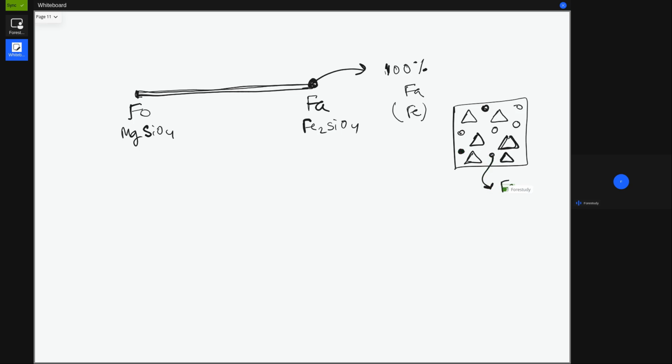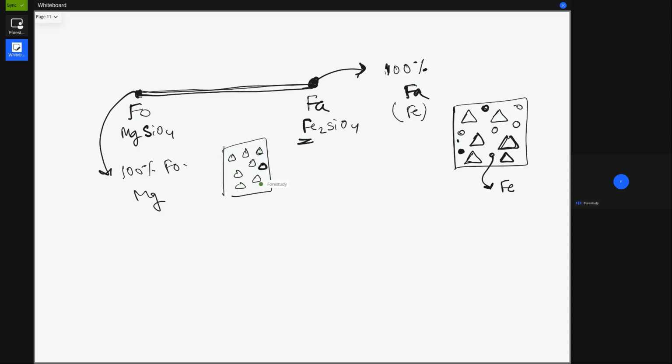No Mg will be there. But if you find a rock from here having 100% Forsterite, that is Mg, the same thing happens here, with tetrahedra of SiO4 and interstitials of only Mg.